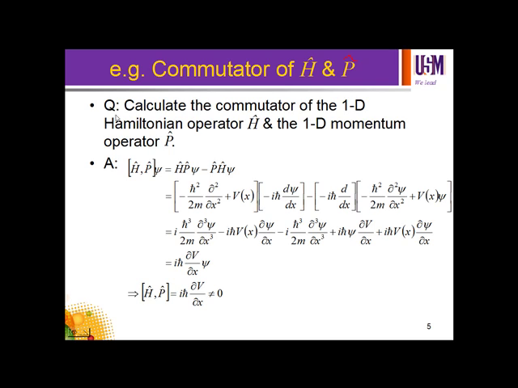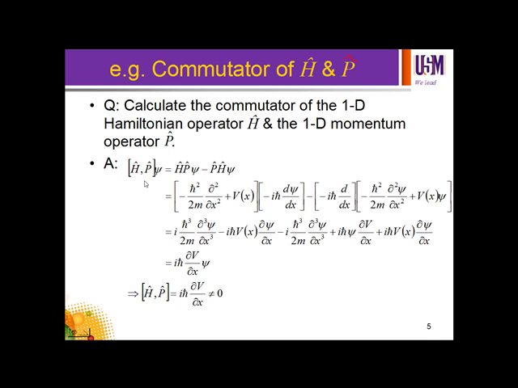H is basically a Hamiltonian operator which we had come across previously, and P is the momentum operator. Calculate the commutator of the one-dimensional Hamiltonian operator H and the one-dimensional momentum operator P. So we want to check whether the Hamiltonian operator and momentum operator are commutative or not.